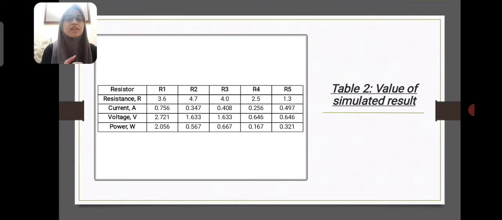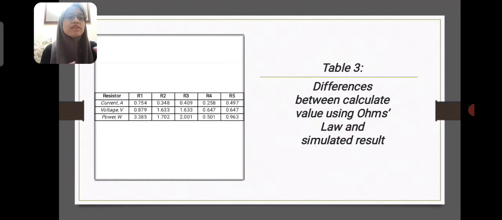From that we got different values for current, voltage and power for all the different resistors. For Table 3, it shows the difference between the values calculated using Ohm's law and the simulated result.